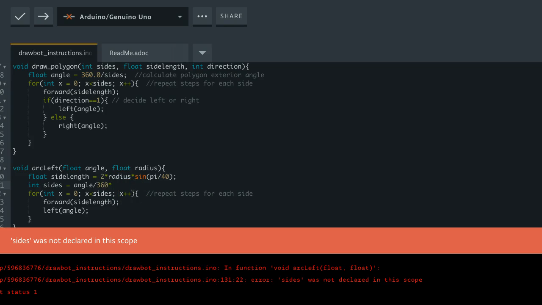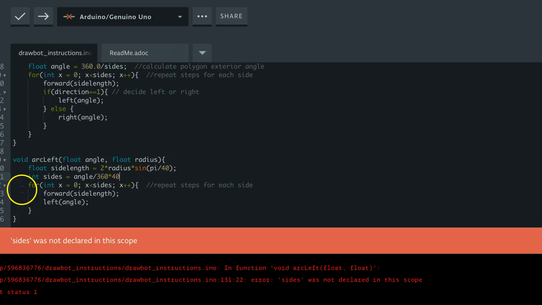Then we'll multiply that by the number of sides of our polygon, a 40-sided polygon, so we'll multiply by 40. If we get a 360-degree angle, we'll do 40. If it's 720, we'll do 80. If it is 180, we just do 20. If it's 90, we do 10. This gives us the number of sides, and we'll step it that many times through.